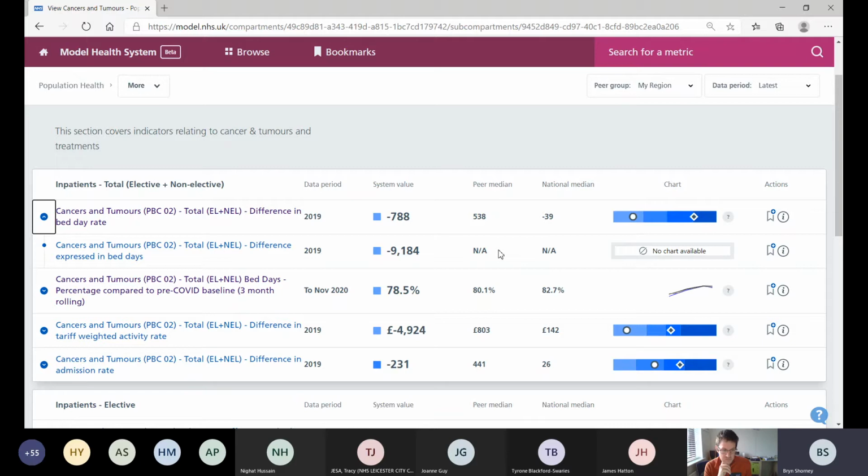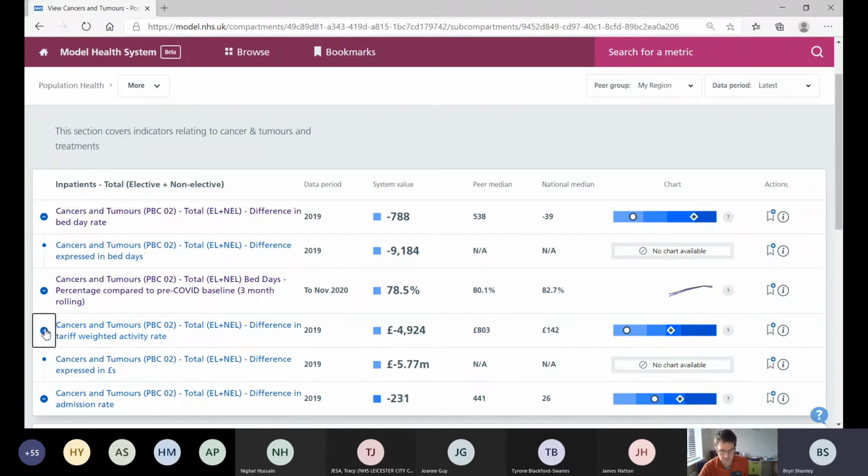We've also got that indicator in terms of number of admissions and the spend, or the tariff weighted activity. As you'd expect, those three are usually very much aligned, and we've got negative values for each of those. You can see that's coming up to £6 million less spent on cancer, and that's not including the specialised commissioning elements.